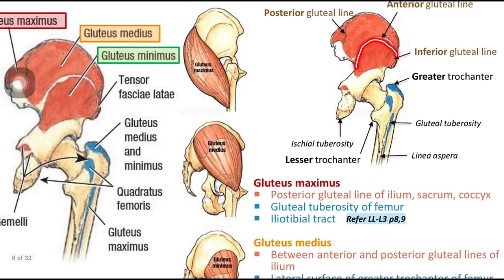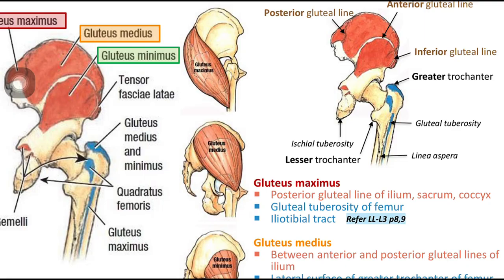The gluteus minimus is here, between the anterior and the inferior gluteal line. So these are the proximal attachment sites, and then they both attach to the greater trochanter, okay?